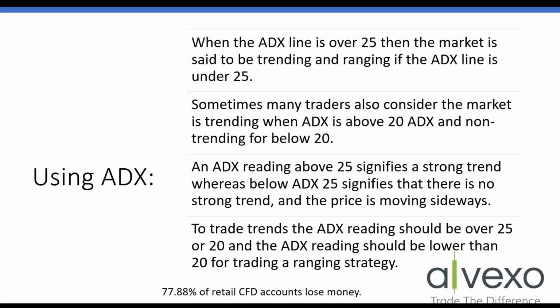To trade trends, the ADX reading should always be over 25, or 20 if you choose. And the ADX reading should be lower than 20 for trading a ranging market. Since I don't ever trade ranging markets and I don't ever advise it, when it's under 20, we just make no trades.